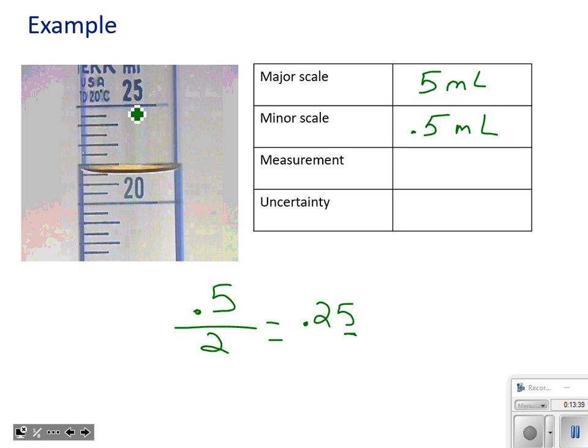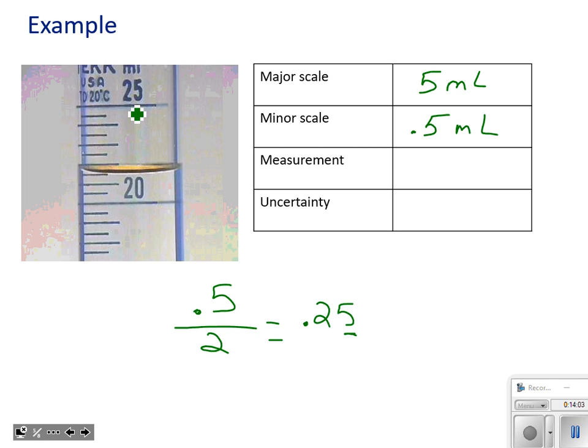Now, I would normally use what we call the even rule, but I'm not going to use the even rule in this case. The reason being, I am going to give you a little bit greater of a range to work with here.